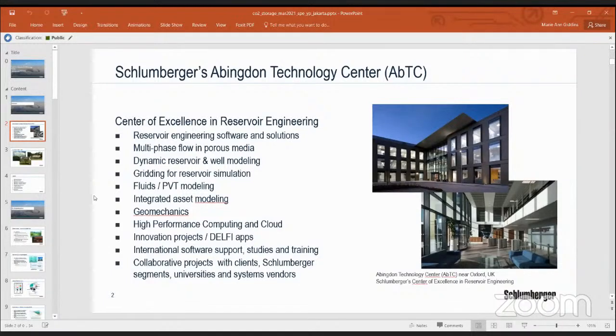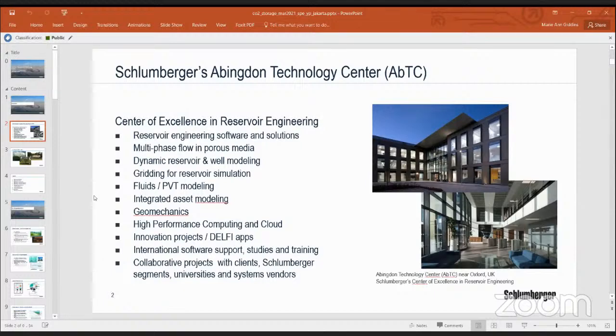We have expertise in multi-phase flow in porous media, dynamic reservoir and well modelling, gridding for reservoir simulation, fluids and PVT modelling, integrated asset modelling, geomechanics, high performance computing and cloud technologies, innovation projects including digital applications, and we also support our software usage internationally.